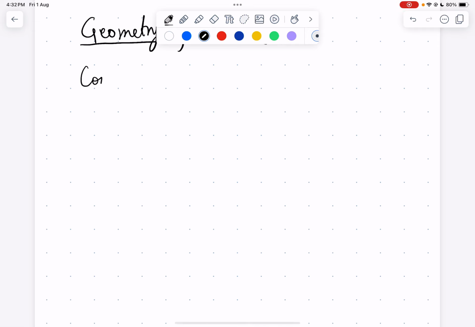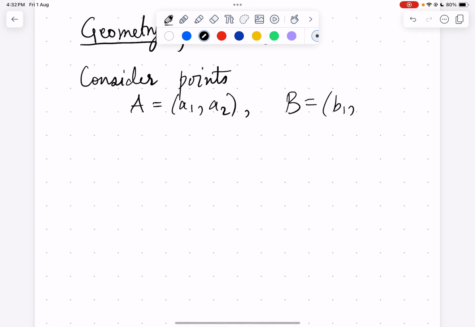So consider points a equals a1, a2 and b equals b1, b2. So two points in the coordinate plane.